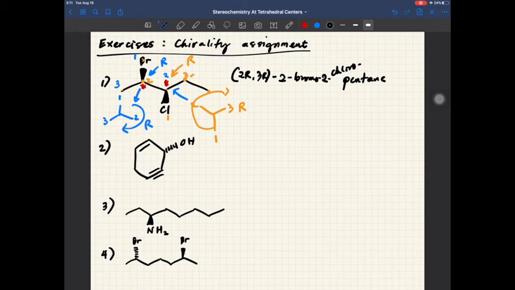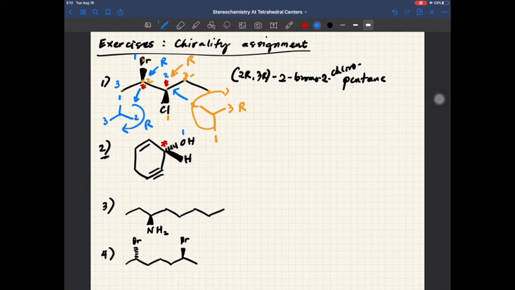Let's look at the next example, which is example number 2. In the given compound here, the chirality is situated at this carbon atom because it has 4 different substituents. Okay, where is the 4th substituent? It is the invisible hydrogen, which is located at the front. Take note that we have to assign chirality to it by determining the priority of each substituent.